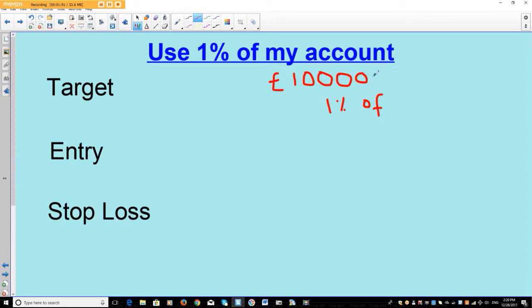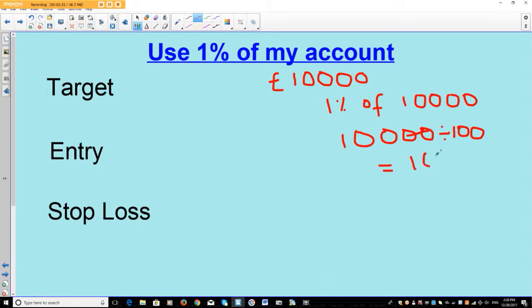Typical traders start with £10,000 if they're taking this thing seriously. So to find 1% of 10,000, we divide the 10,000 by 100. That leaves us with £100.